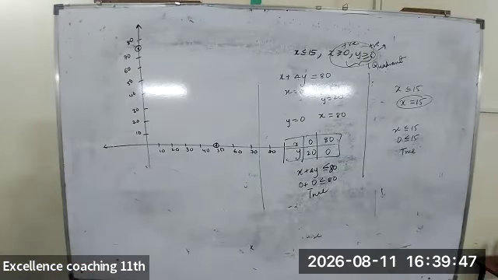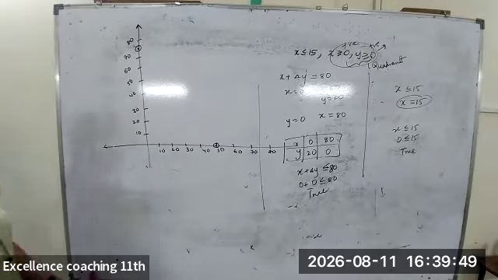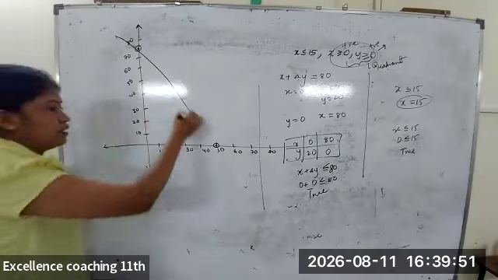All will be thick lines only, normal lines. So join. Time up, that's why. Waiting.